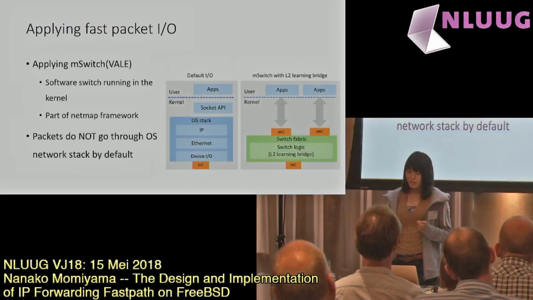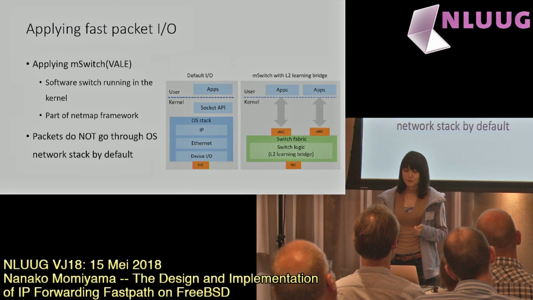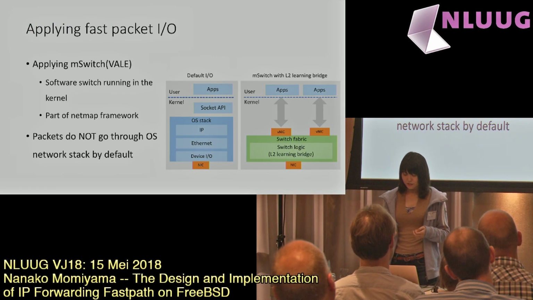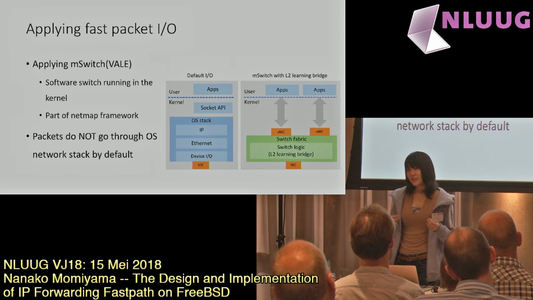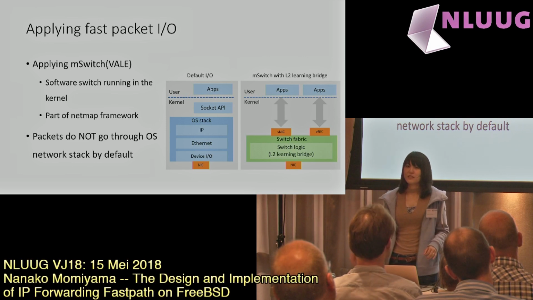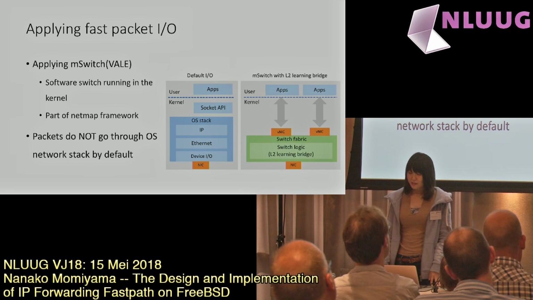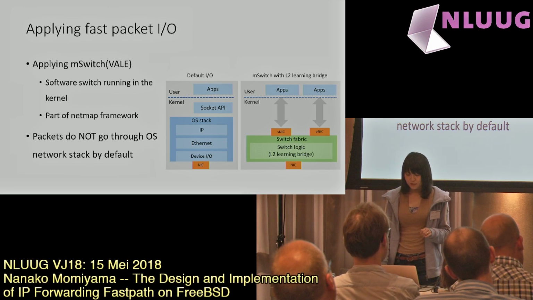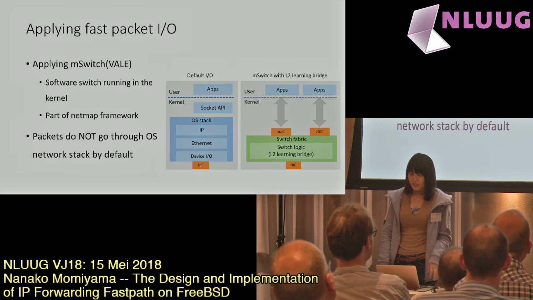We applied mSwitch, also called the VALE switch, to replace the device I/O layer. mSwitch is software running in the kernel, implemented using the netmap framework. So what is netmap?